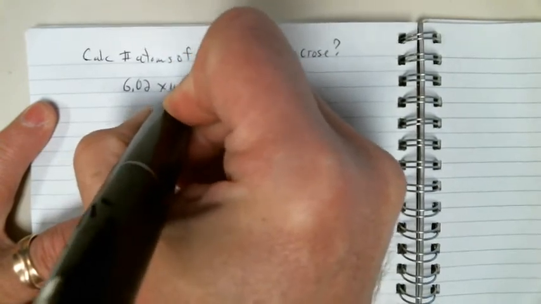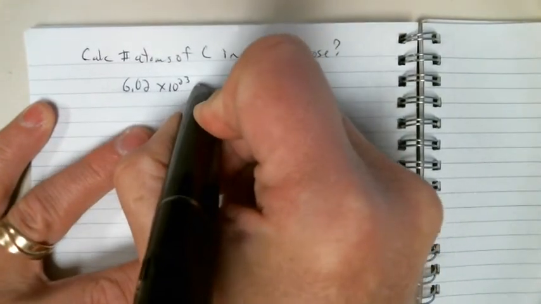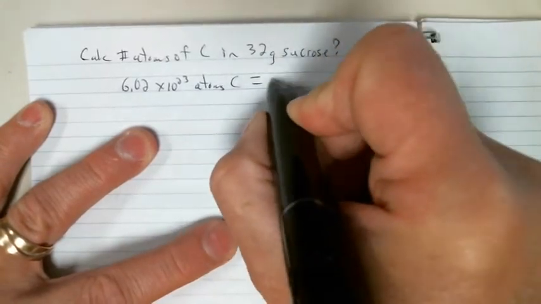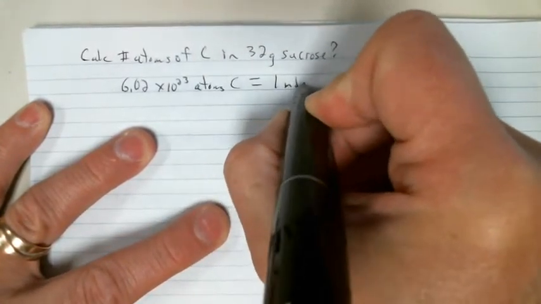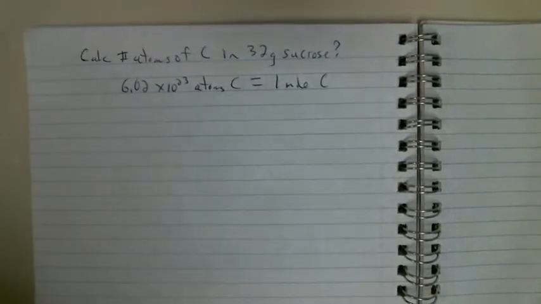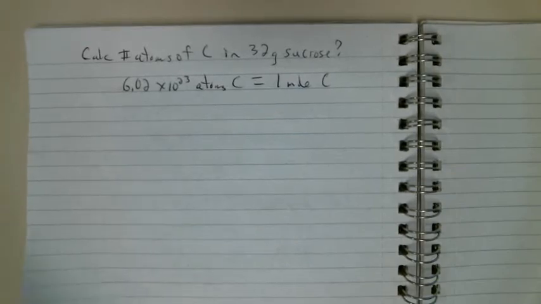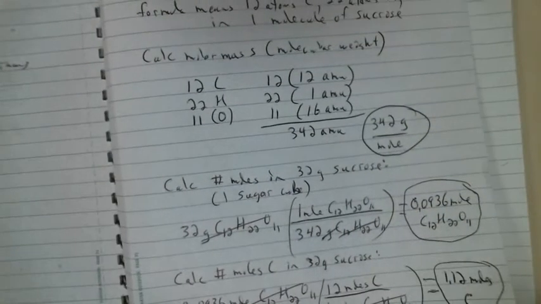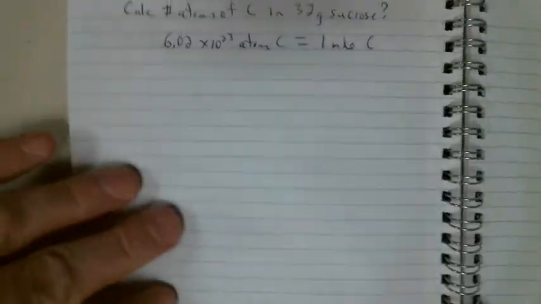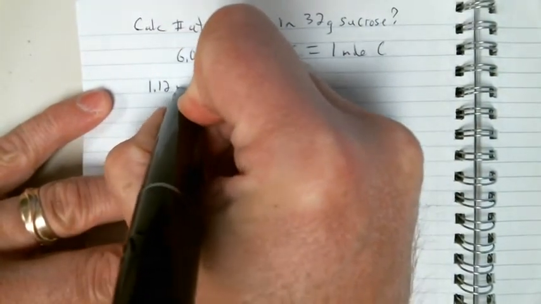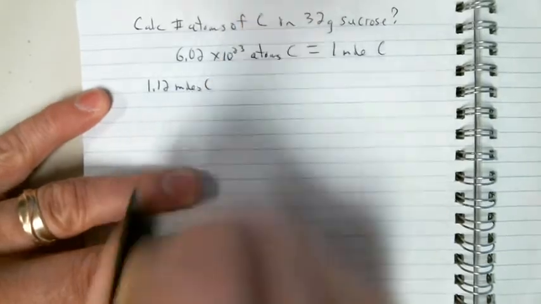But so we've got that, right? 6.02 times 10 to the 23rd atoms of carbon is equal to 1 mole of carbon. So we know that relationship. Well, wait a second. Did we know how many moles of carbon were in the sucrose? I think we did. We had 1.12, right? So we can start with 1.12 moles of carbon.